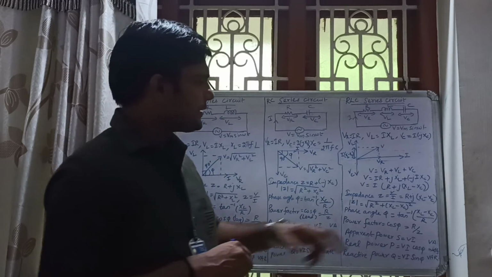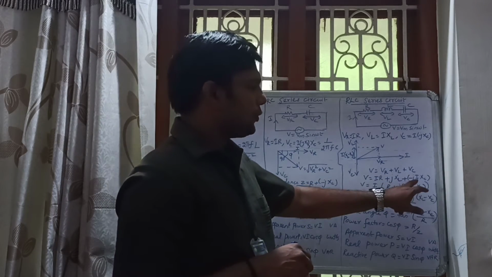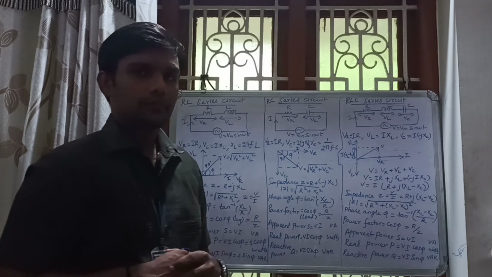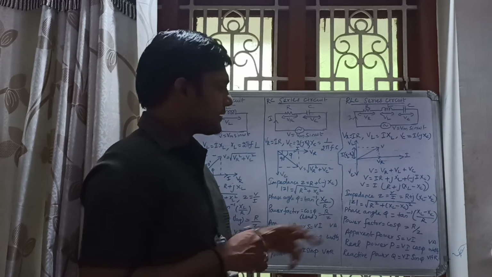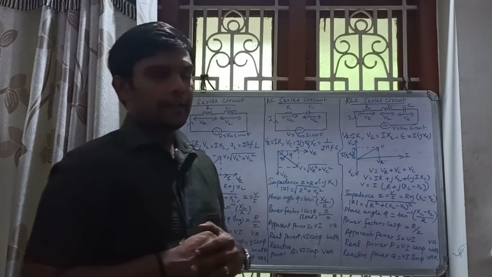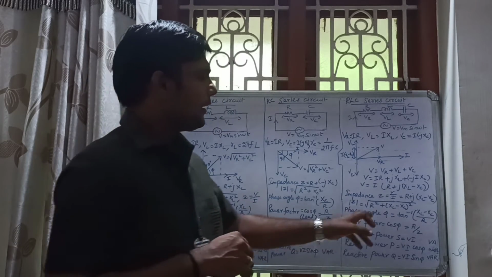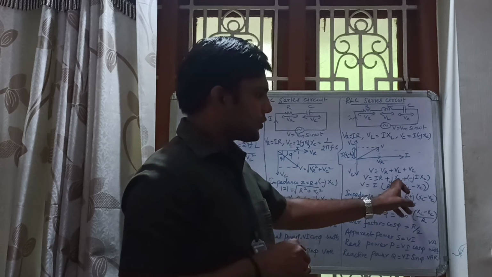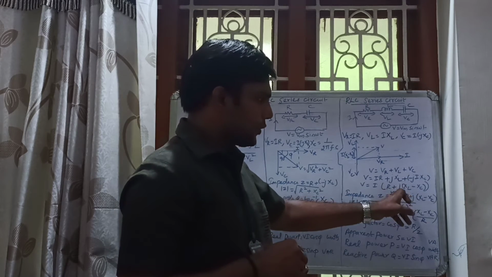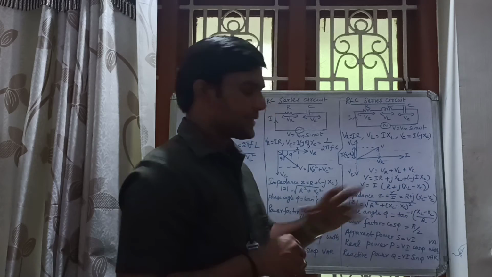The capacitive voltage is minus j into I XC. Next, if you are taking I outside, what you will get? R plus, from these two we can take j outside, so XL minus XC.